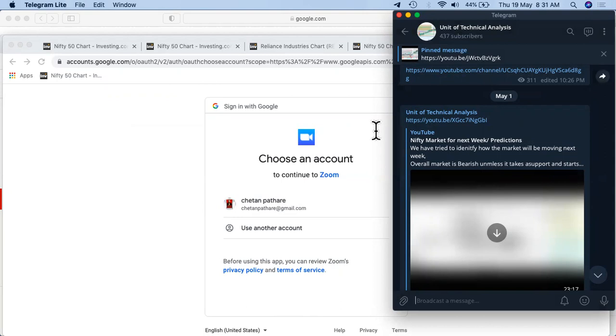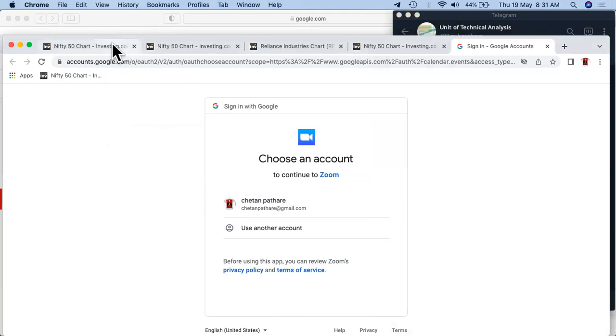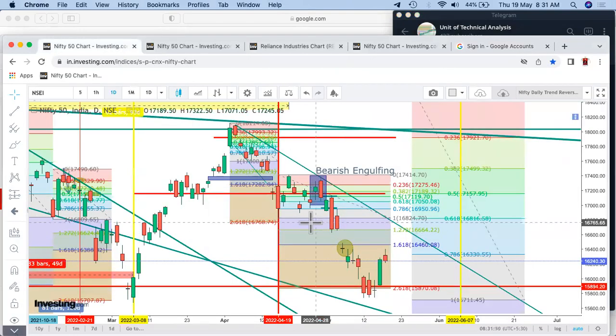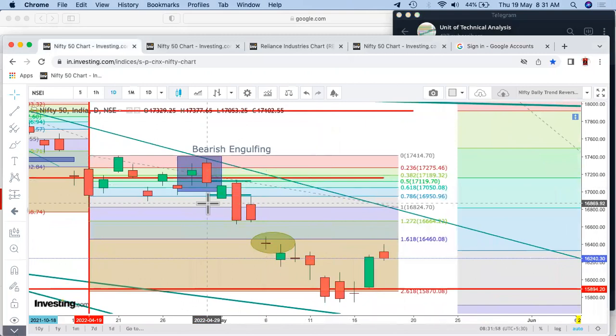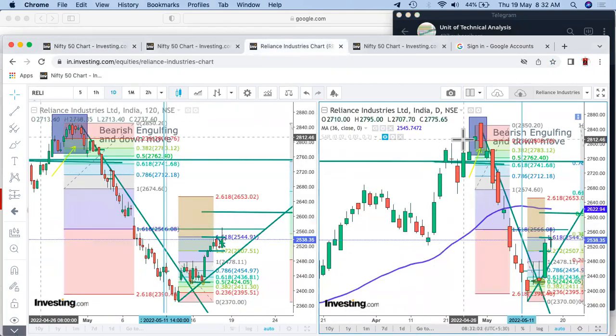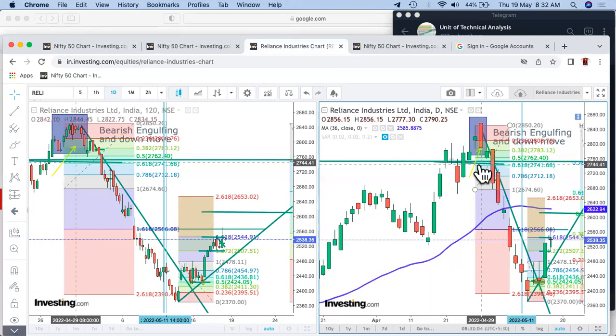So let's go to the charts. First of all, this is 29th of April, where we saw a bearish engulfing candle in Nifty. This was not only in Nifty, we also identified the same kind of candle on the same day in Reliance.